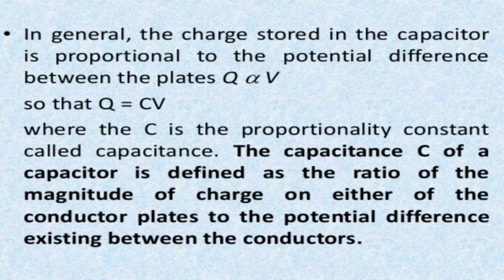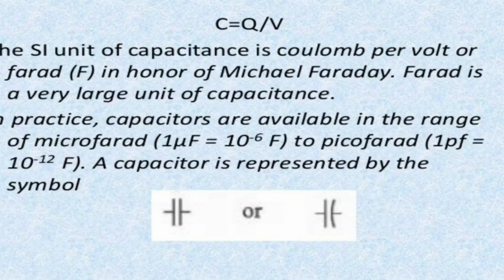Or we can write Q is equal to a constant of proportionality C into V. This constant of proportionality is called capacitance. So, the capacitance of a capacitor is defined as the ratio of the magnitude of charge on either of the conductor plates to the potential difference existing between the conductors, or C is equal to Q by V.